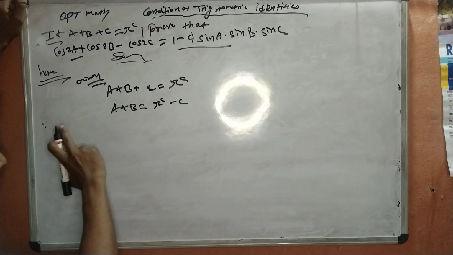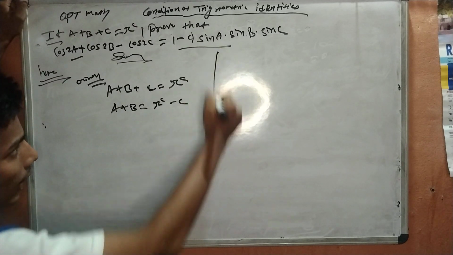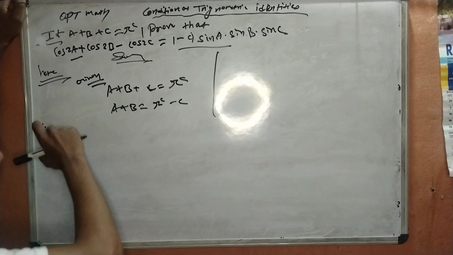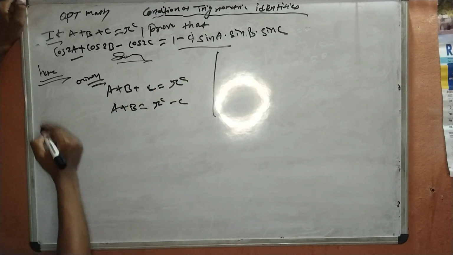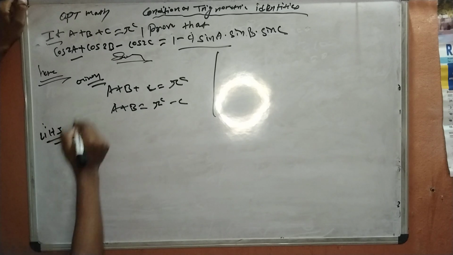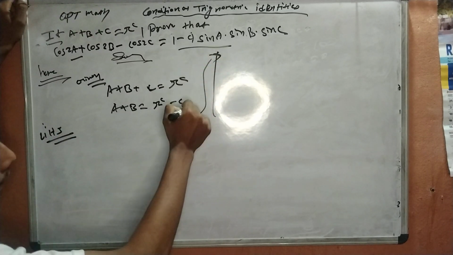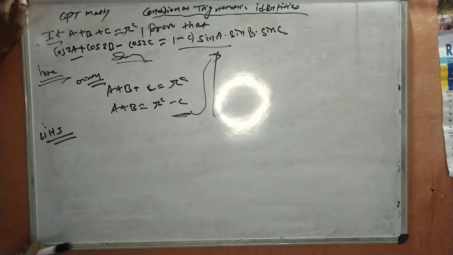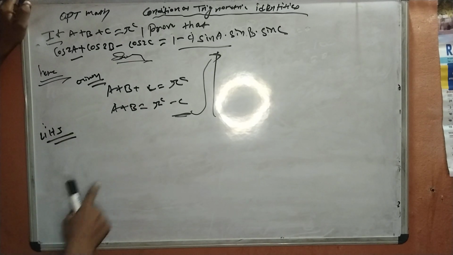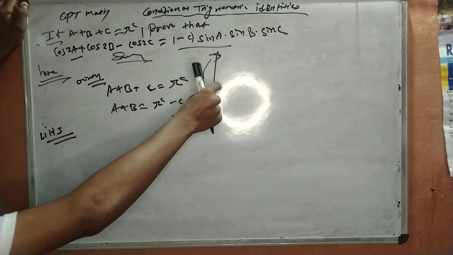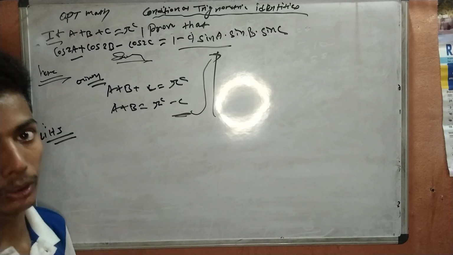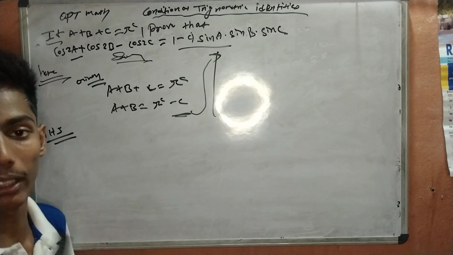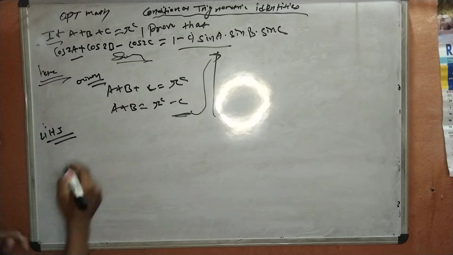First of all, you have to leave this much space. Now I'm going to take the LHS from here. First of all, we have to see the condition, what we have to do: whether we have to take cos(A plus B) or cos(A by 2), and check that condition.